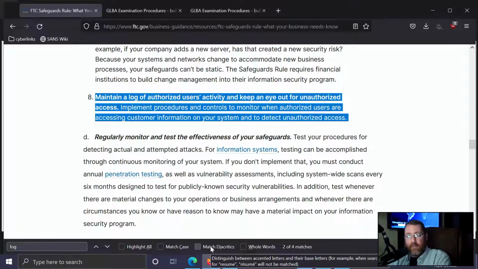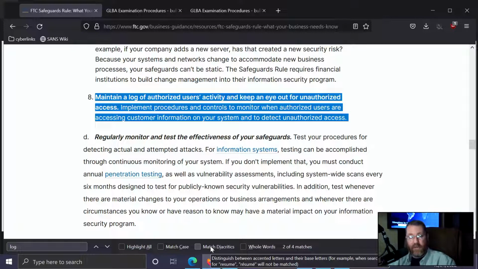Then implement procedures and controls to monitor when authorized users are accessing. So you need to show them, okay, you're going to go to this website and you're going to look at all these logs on a daily basis. You put that in your procedures, in your documentation of this is what you need to do. And you're going to have them evaluate all of these logins.